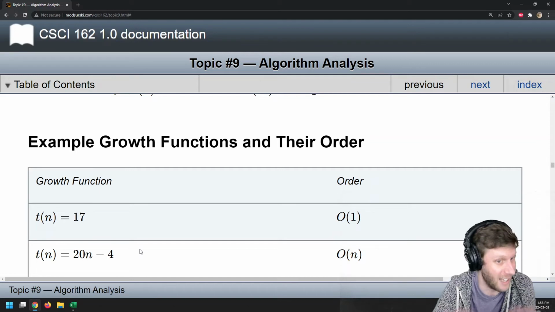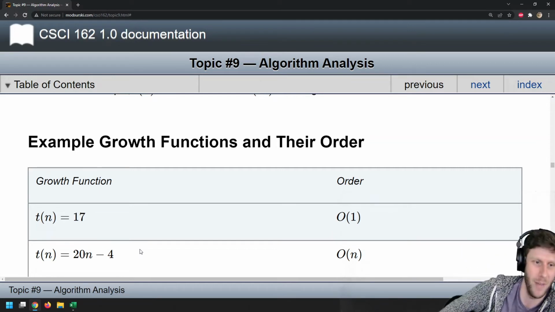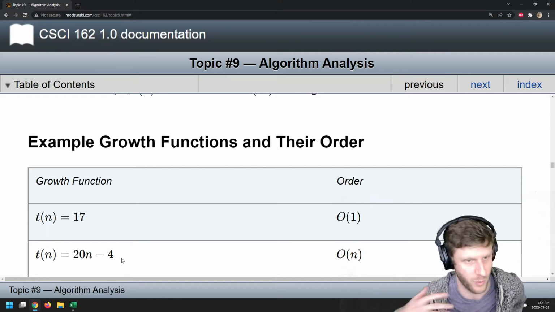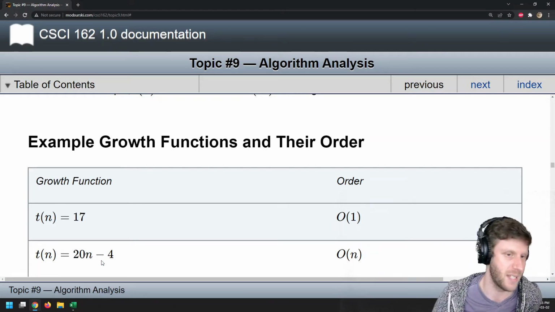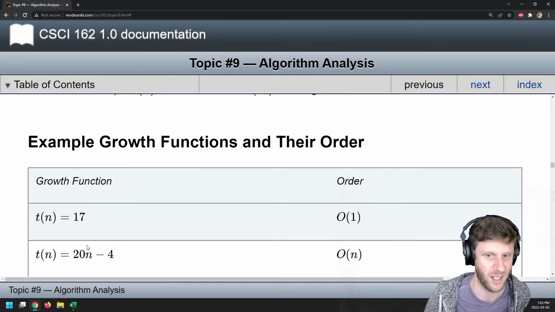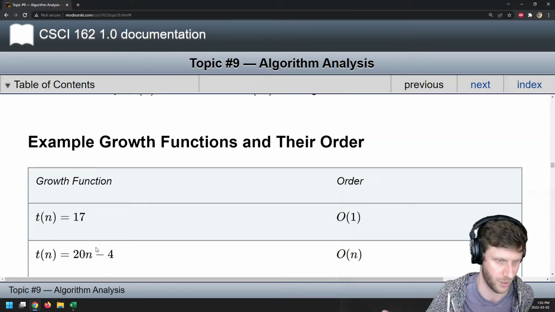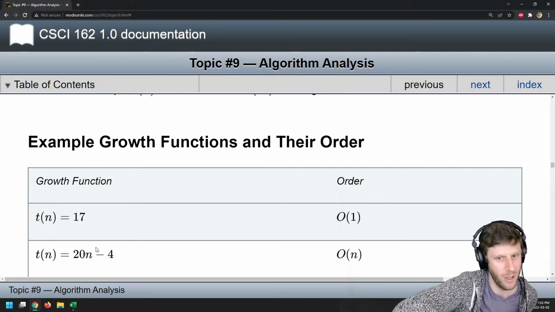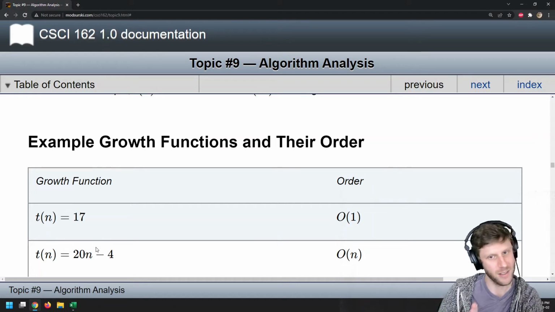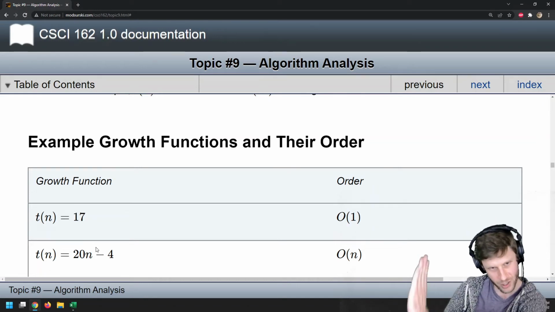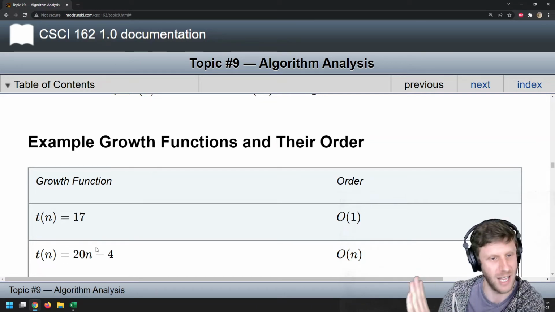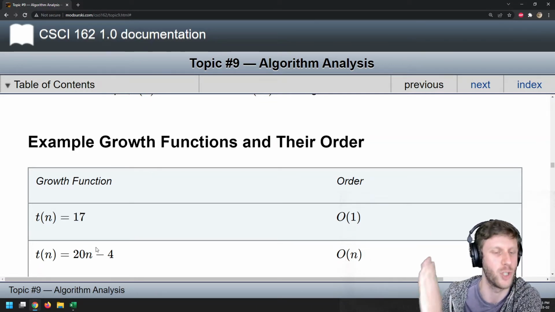It might be a silly way to think about it, but 4 is a constant. I don't care about it. We ignore it. So it's 20 times n that is the dominant part. But again, 20 is a coefficient, and I don't care about the coefficient because it just scales the shape. It scales the function linearly, but the function still has the same shape.